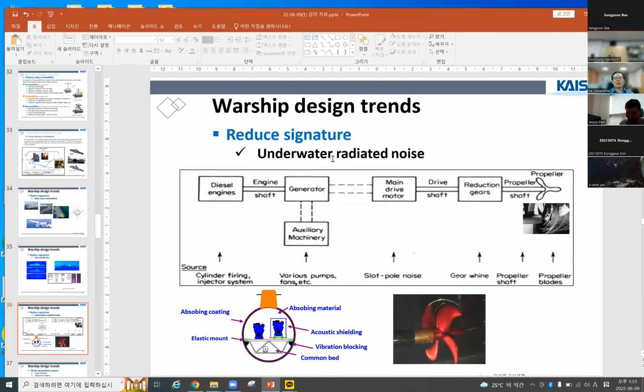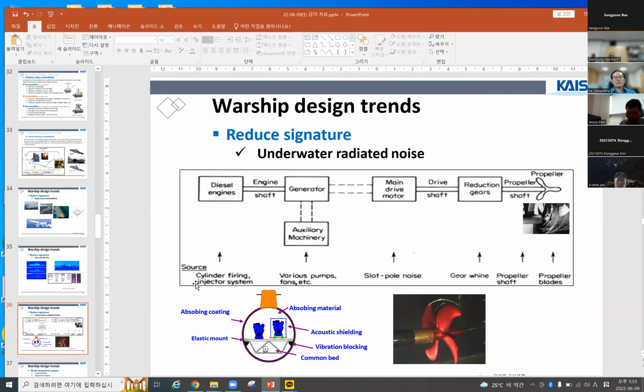And next is the underwater radiated noise. This is some of the propulsion system configuration: diesel engines, generators, main drive motors, reduction gears, and propellers.